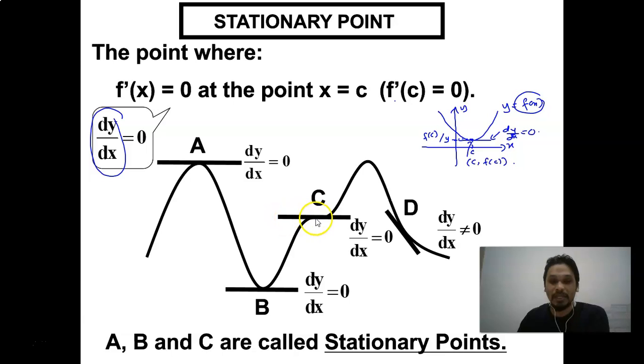We say dy/dx is parallel to the x-axis. A, B, and C are called stationary points, but the other point, because dy/dx is not equal to 0, is not one of the stationary points in this graph.